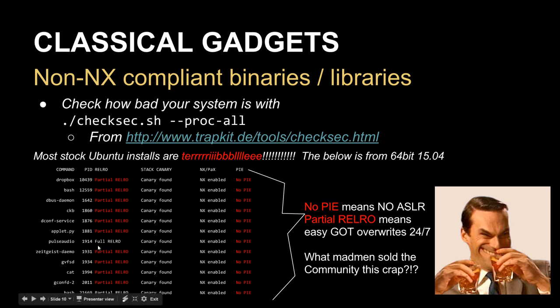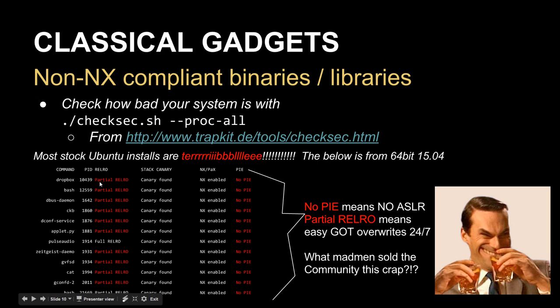Partial RELRO and full RELRO we have covered somewhat. Partial RELRO further rearranges some memory segments that ASLR does not address, and full RELRO attempts to rearrange the rest.